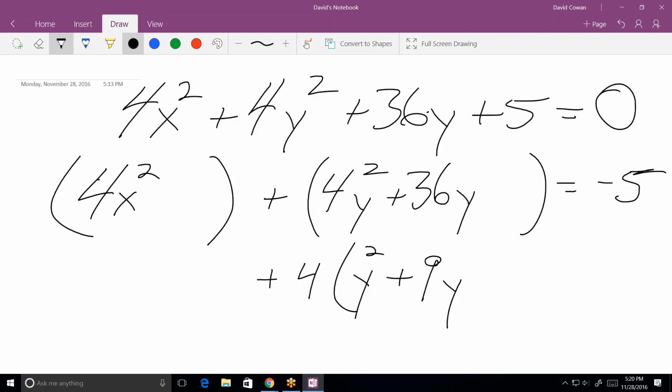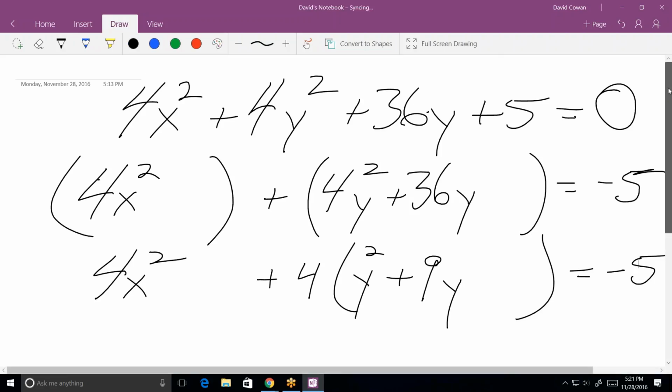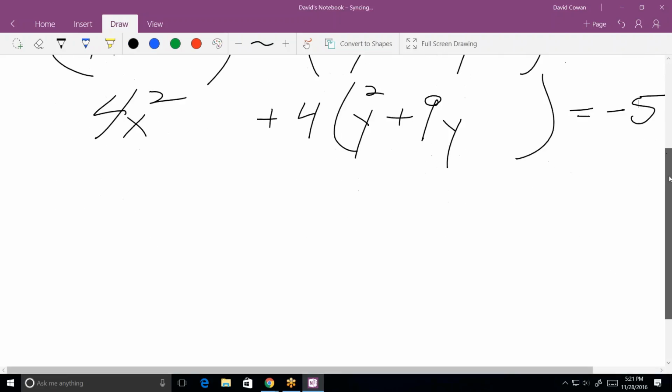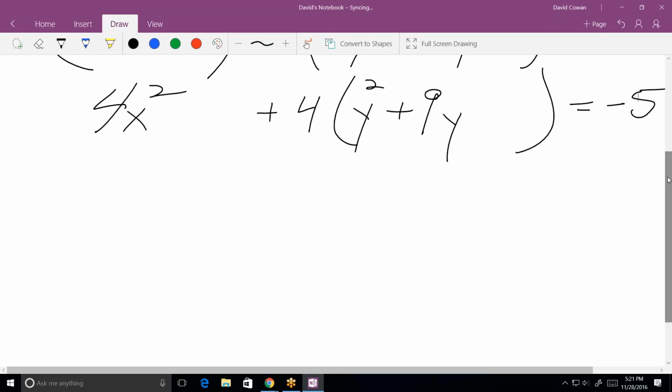And notice, again, I have not changed anything. Every step you're checking. Now, complete the square inside the y parentheses. It would have to be 9 halves.